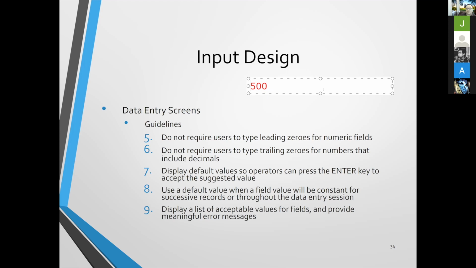Let's say they wanted 9,500 but accidentally pressed the negative symbol because it was close to the 9. Then don't fix it for them. Leave it as negative 500, but show it in red and let them know that they entered an impossible value, something like that.